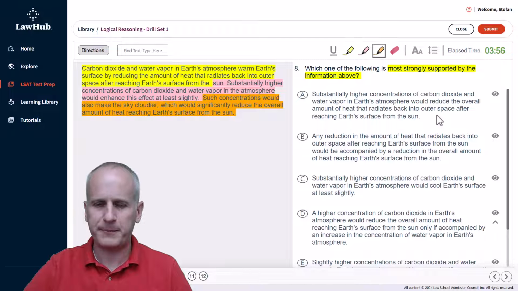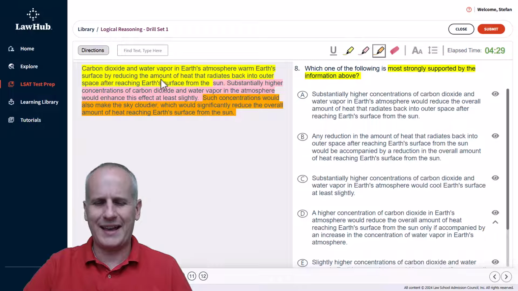Choice A reads, substantially higher concentrations of carbon dioxide and water vapor in Earth's atmosphere would reduce the overall amount of heat that radiates back into outer space after reaching Earth's surface from the sun. Well, coming back into our paragraph, the yellow says that carbon dioxide and water vapor in Earth's atmosphere reduces the amount of heat that radiates back into outer space after reaching the Earth's surface from the sun.